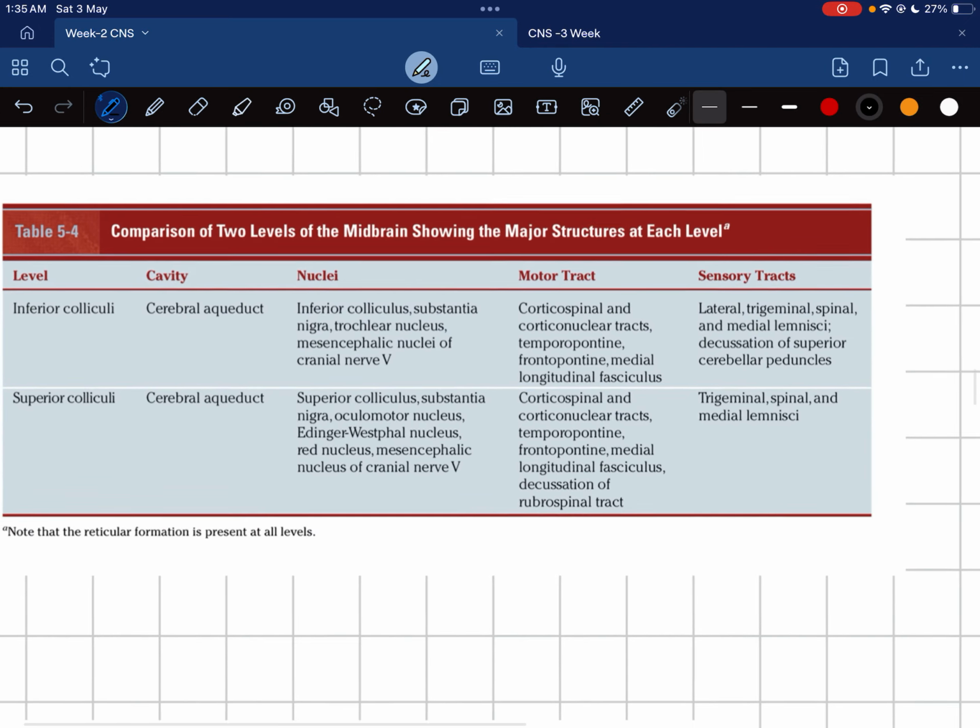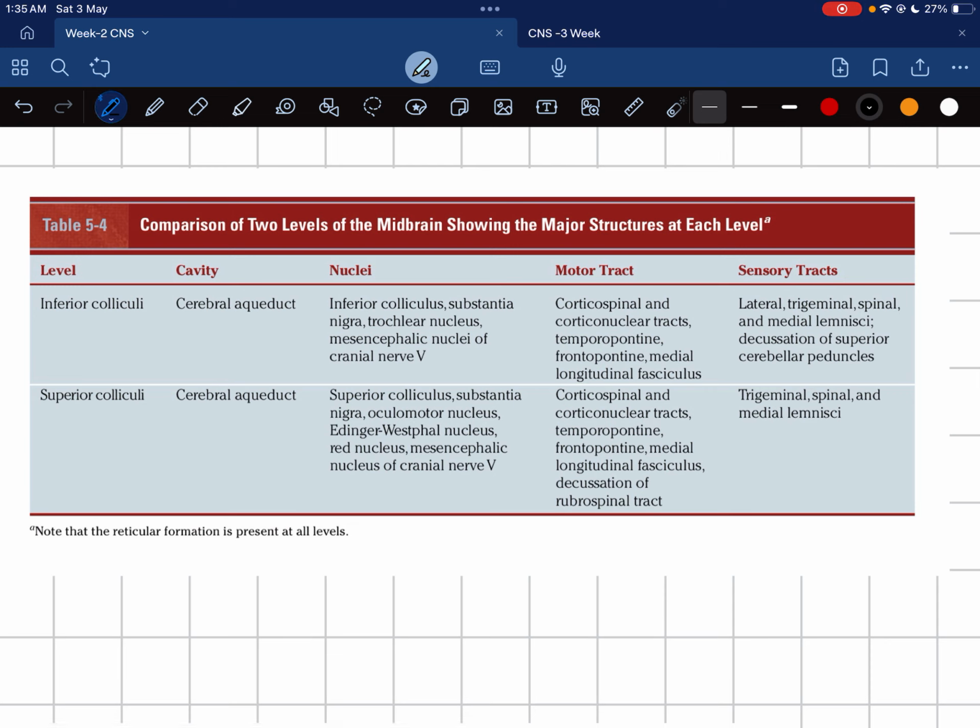Moving on, at the level of inferior colliculi, there is a cerebral aqueduct. When we look at the nuclei, there is the inferior colliculus nucleus, substantia nigra, trochlear nucleus, and the mesencephalic nucleus of cranial nerve 5, the trigeminal nerve.